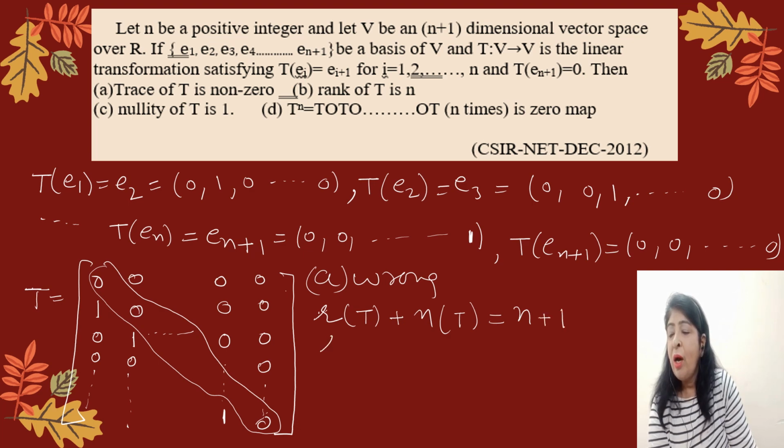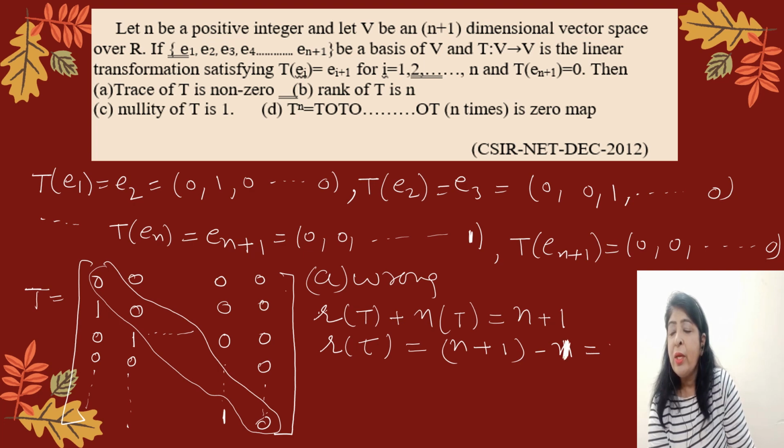So rank of T will be n plus 1 minus nullity of T. Nullity of T is 1. So this comes out to be n. So rank of T is n. So this means B is correct.